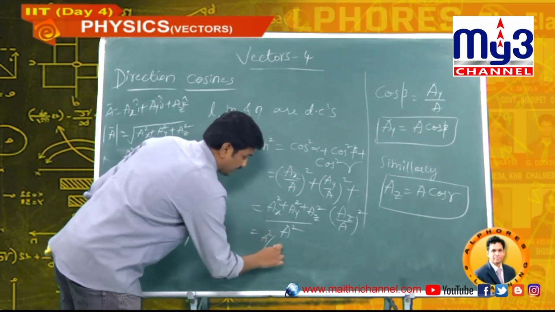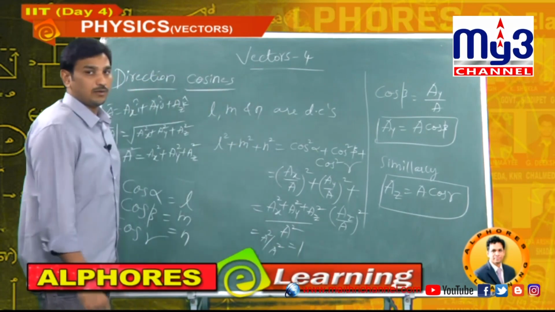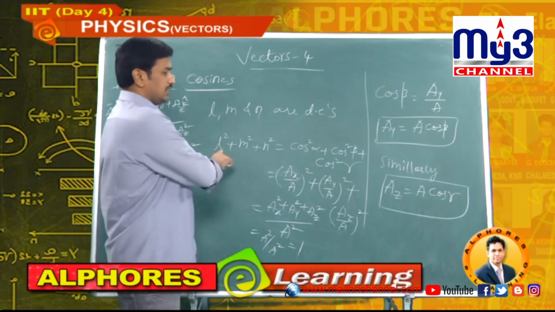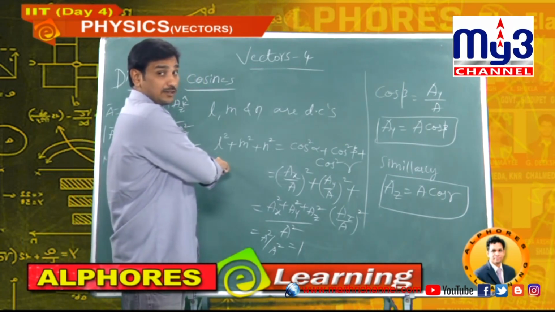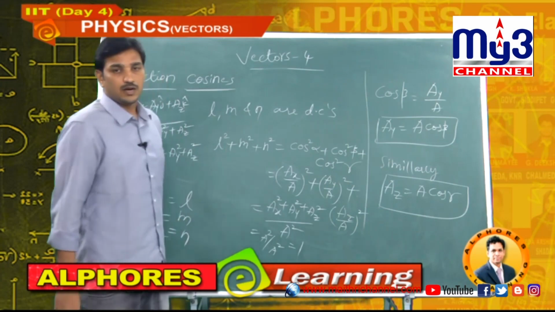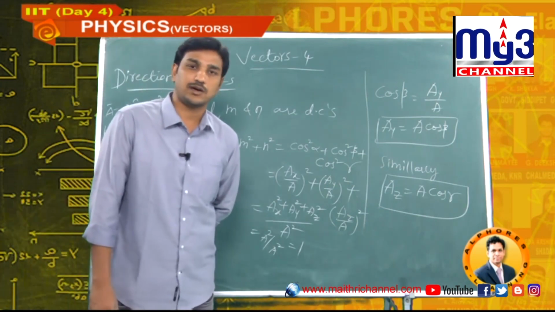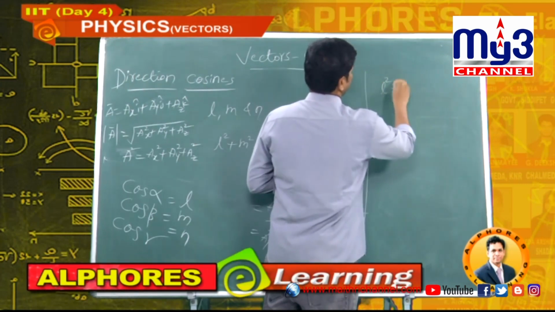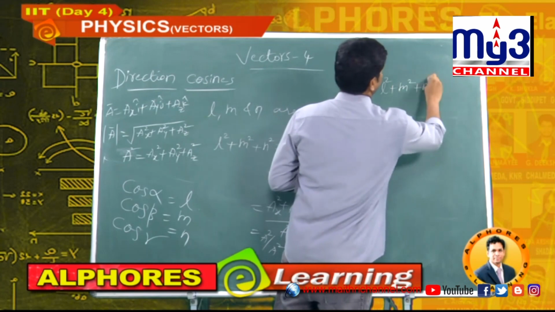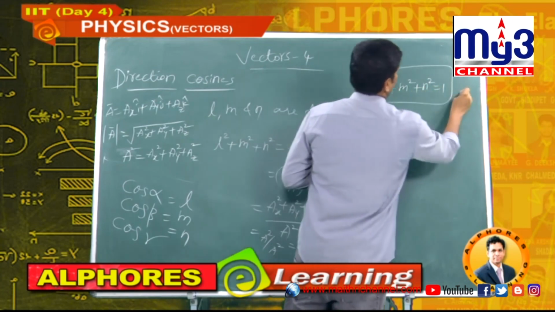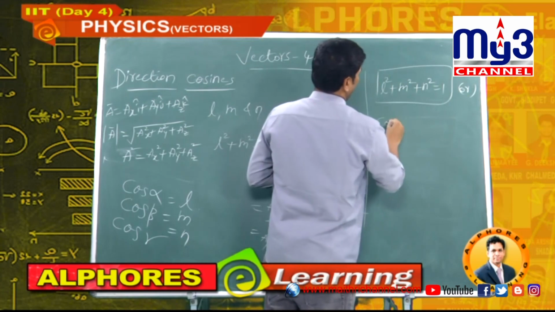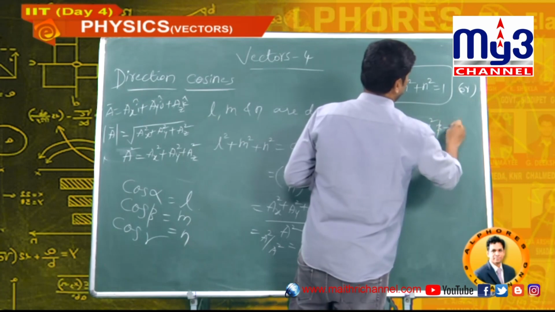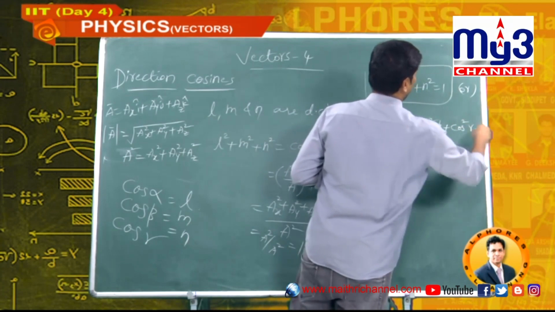Now the numerator is a square and the denominator is also a square, so they cancel. Our answer is 1. Here the sum of squares of direction cosines is 1. So the final answer: l square plus m square plus n square is equal to 1, or otherwise cos square alpha plus cos square beta plus cos square gamma is 1.